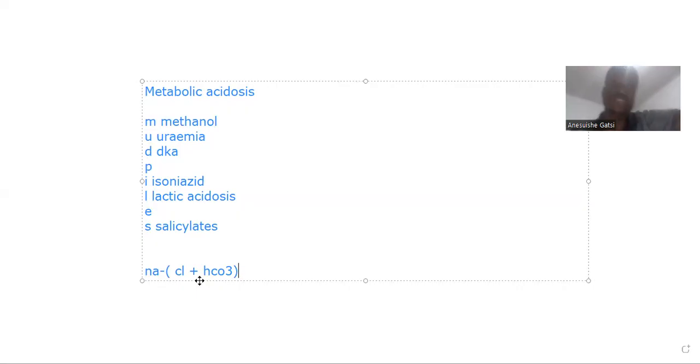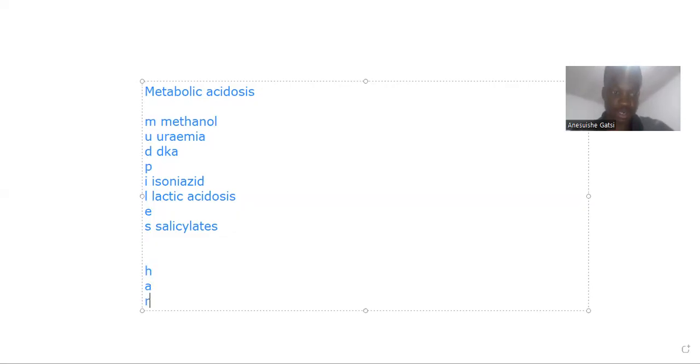The mnemonic for that one is hardest. Right. So these are things that then cause metabolic acidosis, but then there's a normal anion gap. Most importantly, there is a drug that we call acetazolamide.